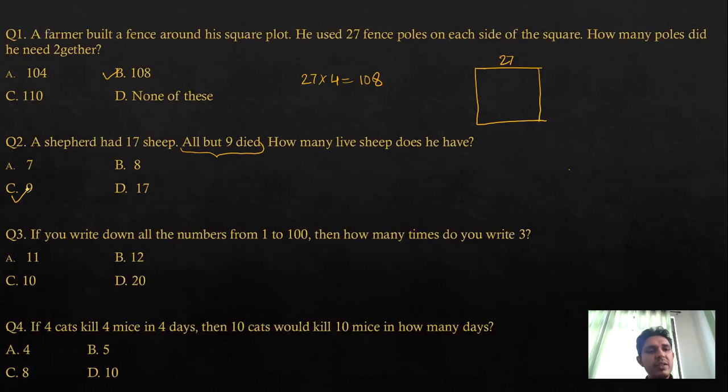Thereafter, question number 3 is saying: if you write numbers from 1 to 100, how many times do you write 3? So students, he is saying that if you are writing the counting from 1 to 100, how many times will 3 be written?